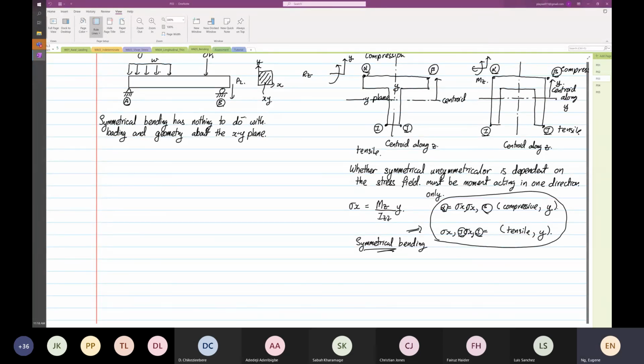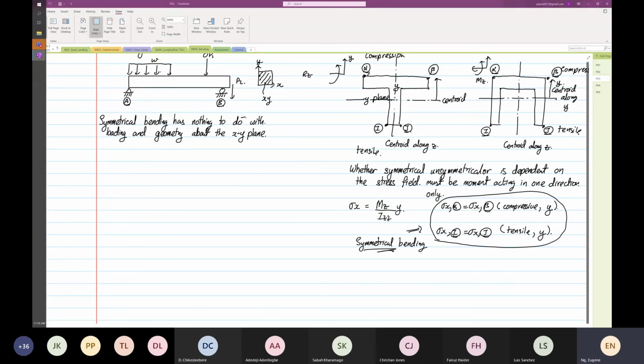It has nothing to do with how the structure is loaded, but has all to do with whether the structure satisfies the condition: stress X alpha is equal to stress X beta, and stress X I is equal to stress X J. So this is the condition. Nothing to do with the loading. Okay, is that clear?